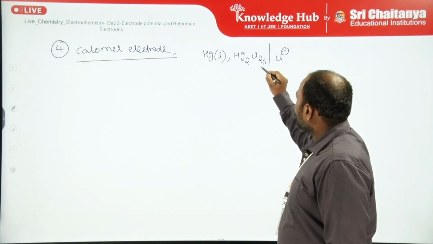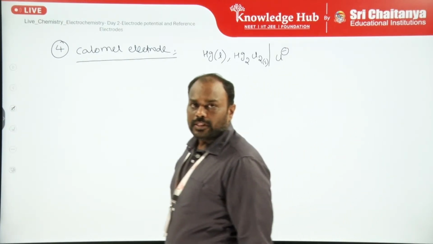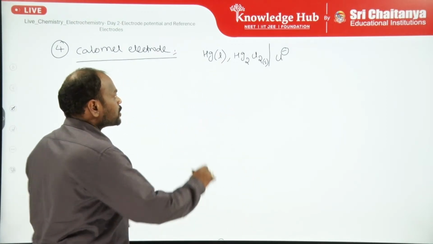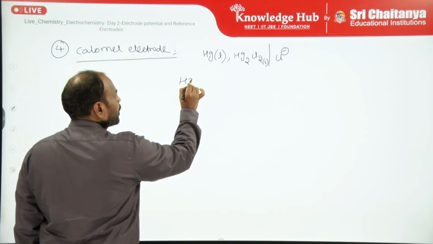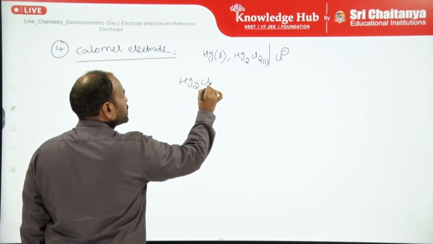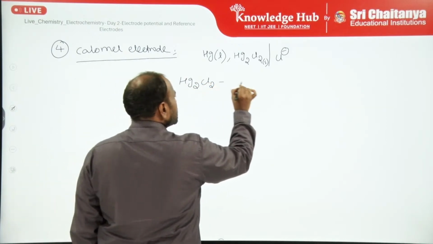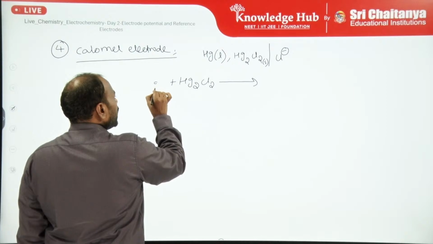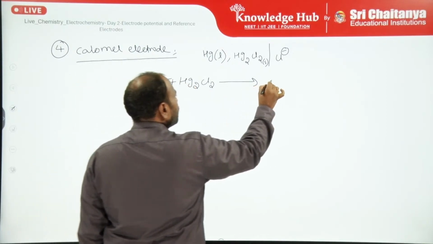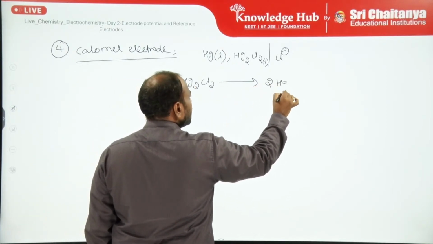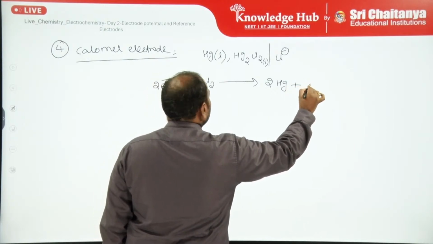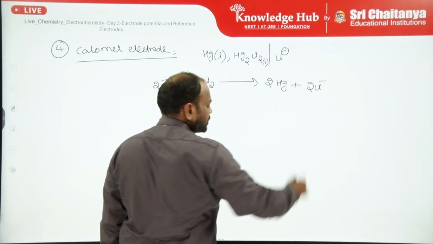This is a solid. See the reaction for this. So in this reaction, Hg2Cl2 gains the 2 electrons, then converted to 2Hg plus 2Cl minus.